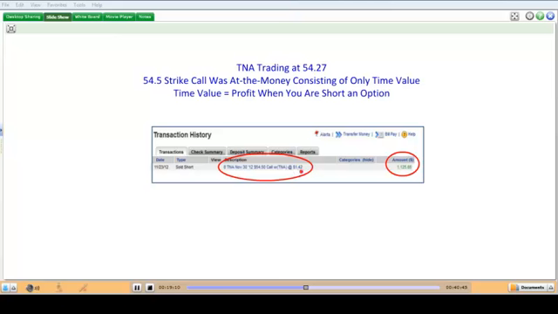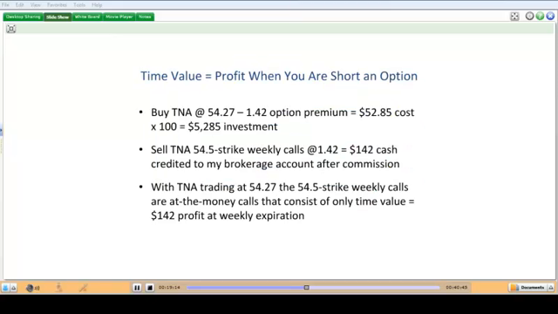So let's look at the potential cash-on-cash return for this type of a trade. So let's say that you didn't own TNA and you were going to initiate this trade last Friday. TNA was trading at 54.27, so you'd pay 54.27 points to buy the stock minus the option premium of 142.